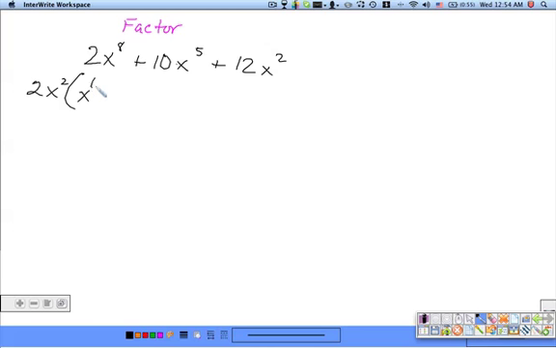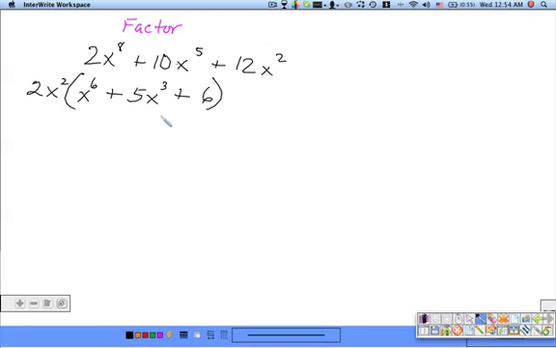X to the 6th power plus 2 times 5 will give me the 10. X squared times x to the 3rd will give me x to the 5th. Lastly, 2 times 6 will give me the 12. X squared times 1 will give you x squared, so stop there. So we pulled out a GCF.